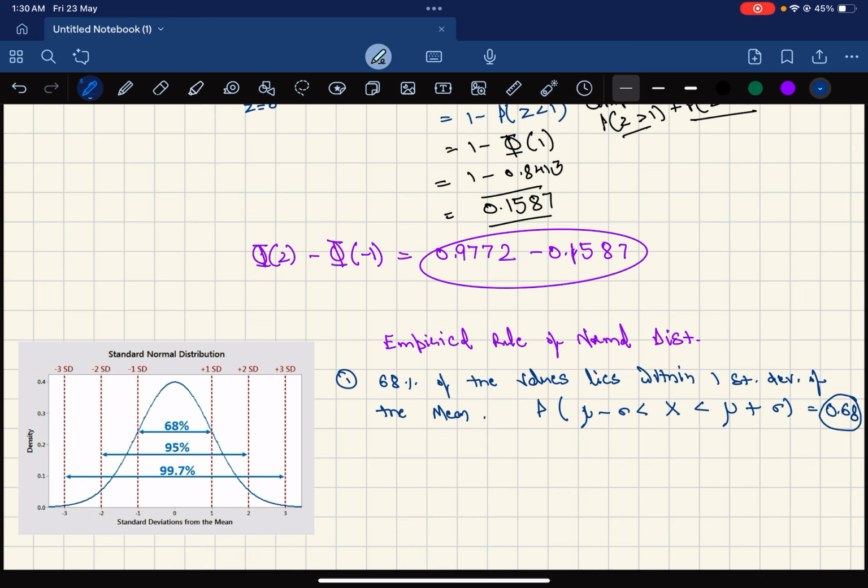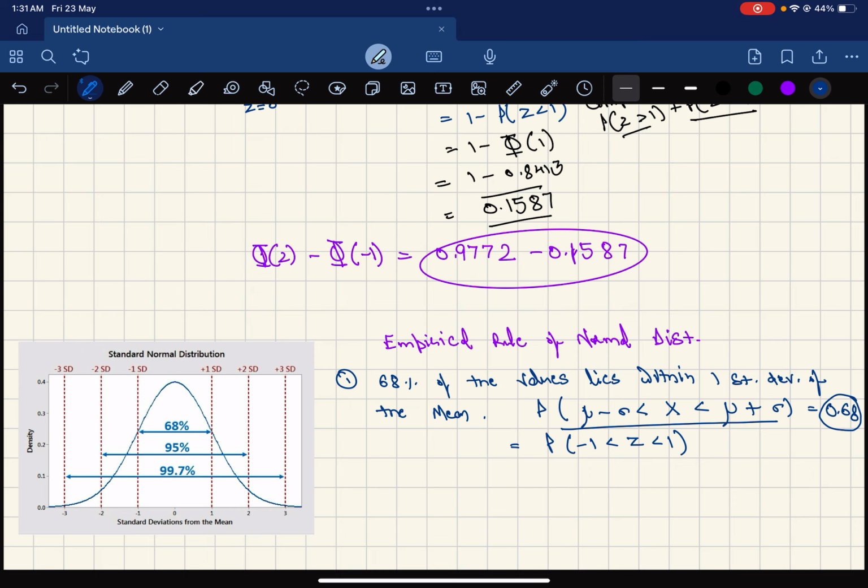Again, this can always be checked using the standard normal tables. This X probability can be converted into the Z probability P(-1 < Z < 1), because (mu - sigma - mu)/sigma will give -1, and (mu + sigma - mu)/sigma will give 1.